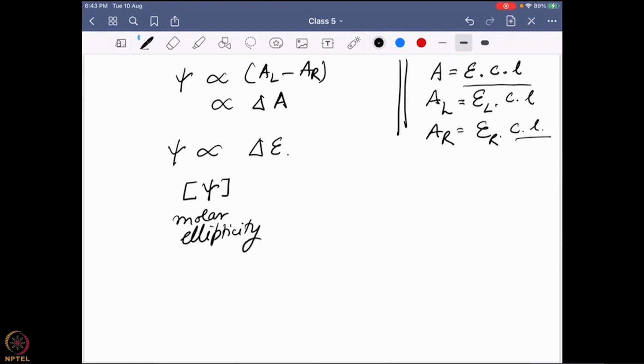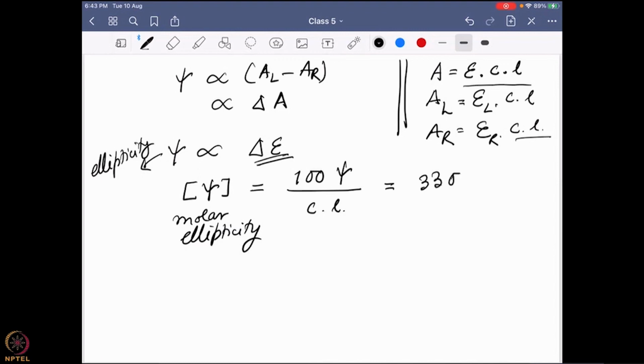By the way, this phi value is defined as ellipticity, similar to the optical rotation, which is also given by phi. And this is written as 100 into psi, the value you have measured, over C into L. So you are going to get a molar ellipticity. And this molar ellipticity value will be directly connected with delta epsilon.